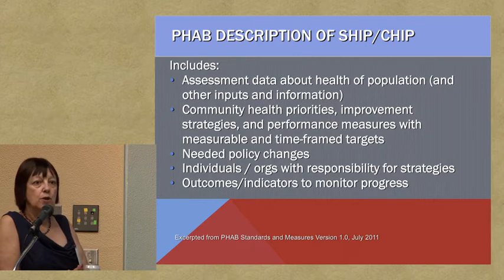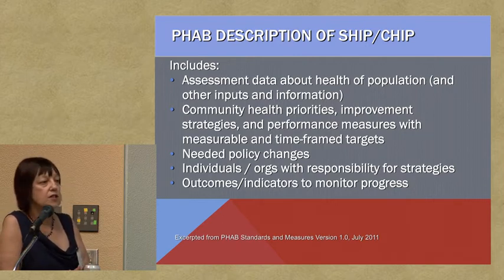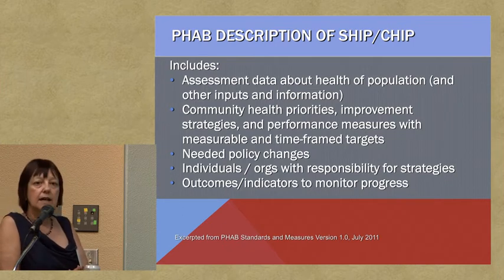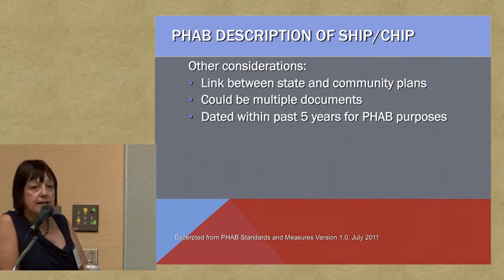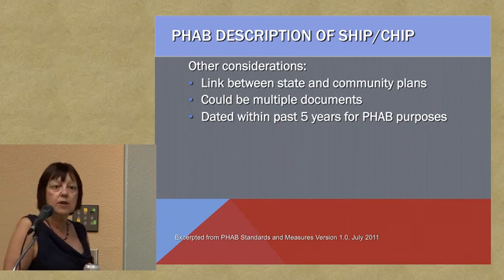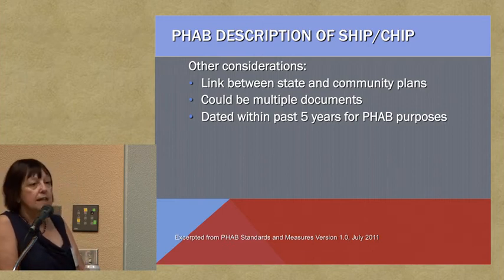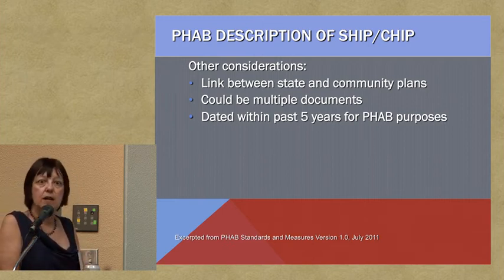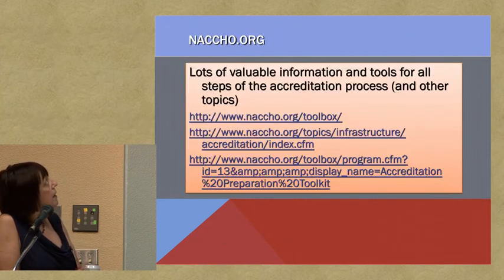You need to know who you need to talk to in the community, who you need to partner with to make these changes, and very important to have outcomes so that you can monitor your progress. Again, there should be a link between your community health improvement plan and the state health improvement plan. And again, it has to be done once every 5 years for accreditation purposes.